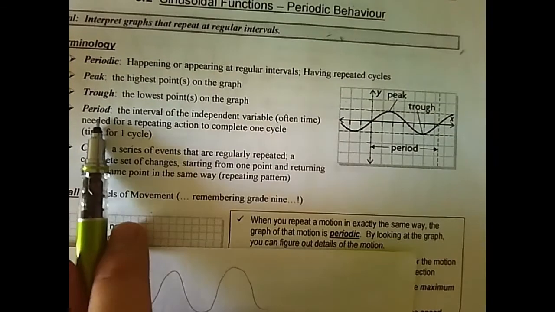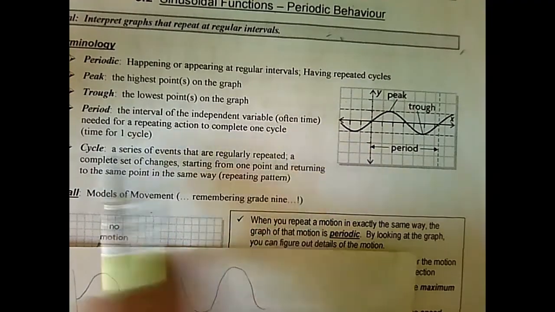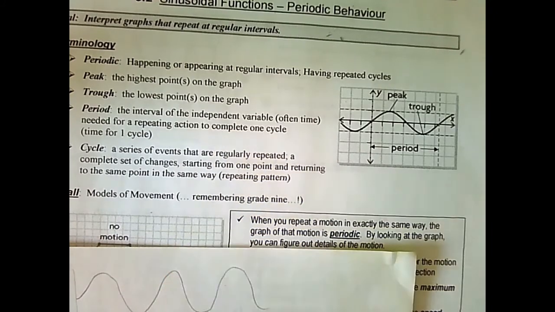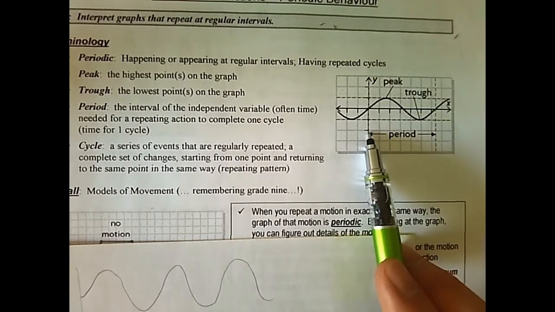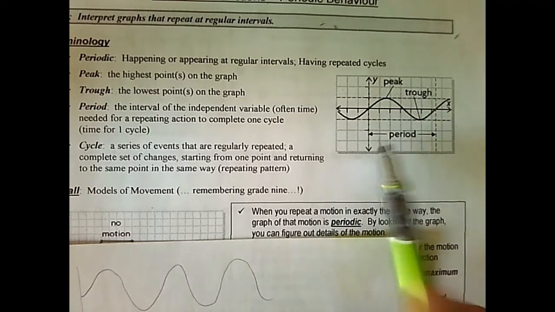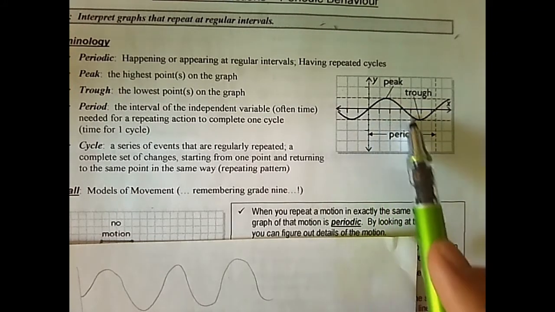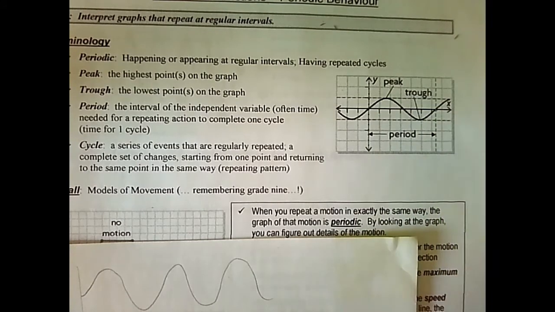A period refers to the interval of the independent variable, often time, needed for repeating actions to complete one cycle, which, as I butchered that reading, just means how often it is for the pattern to occur and then start again. So like in this example, the pattern starts here, it goes up, it goes down, and then at this point, it's going to start again, going up and going down.